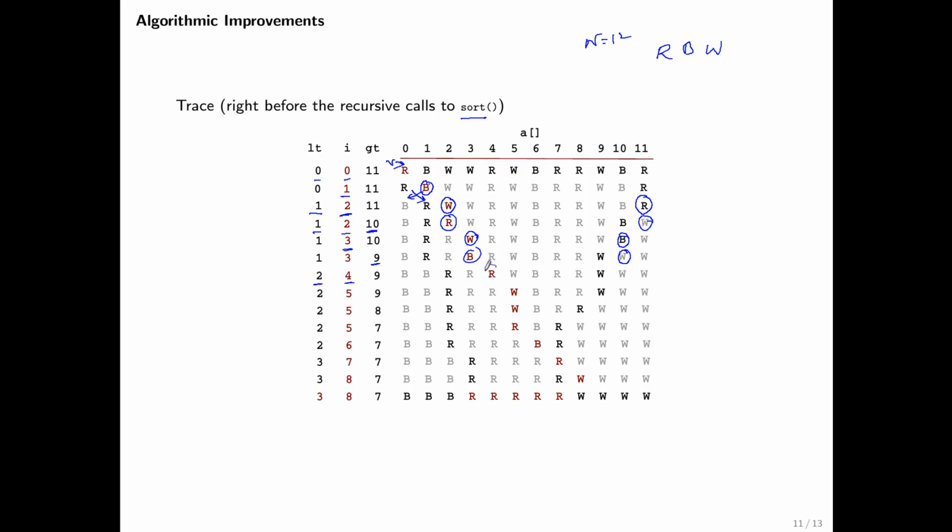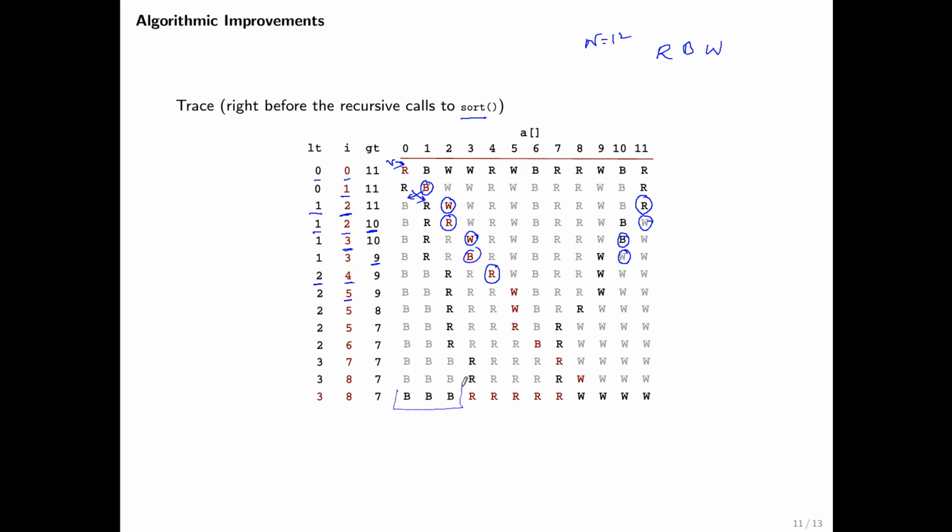So now we are looking at this element, comparing that with the pivot R. They are the same, so I is simply incremented by 1, and so on. And notice that once the while loop is done, the partitioning is done, and look at the 3 partitions.